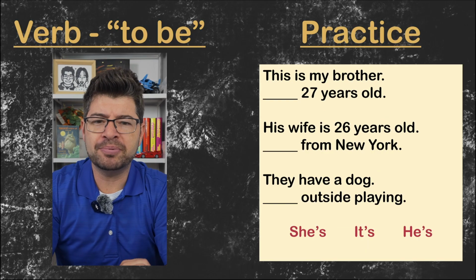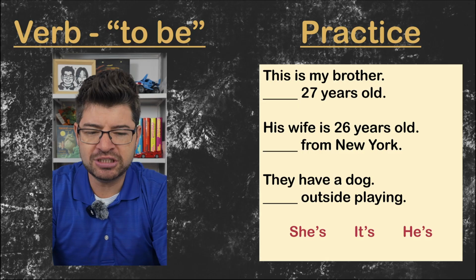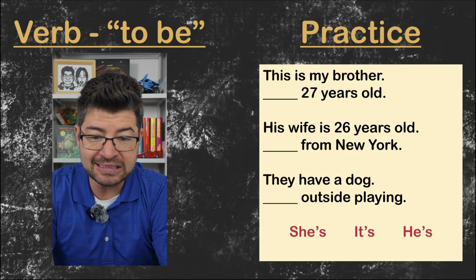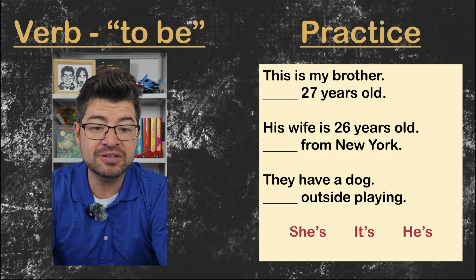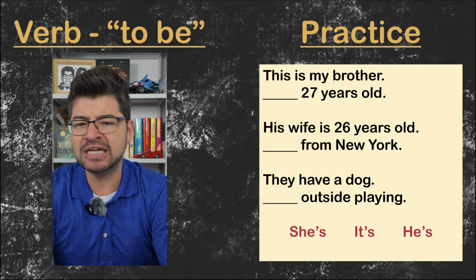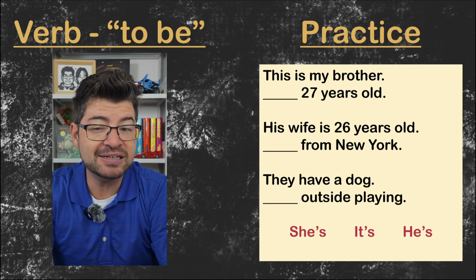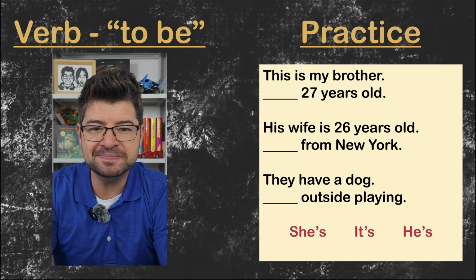All right, one more practice with the present tense. And I give you three choices down here: she's, it's, and he's. All right, so you're going to fill in the blank with one of the correct answers. So first, I'll read them out loud. This is my brother, blank, 27 years old.